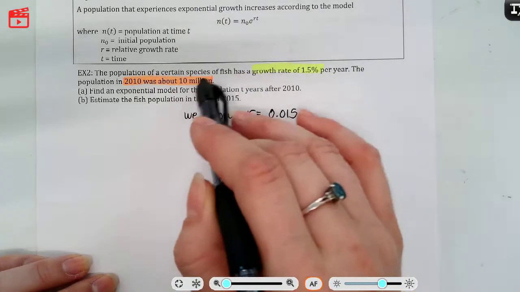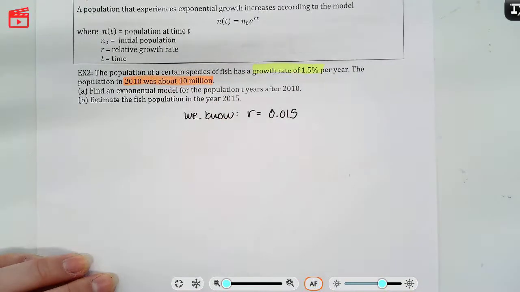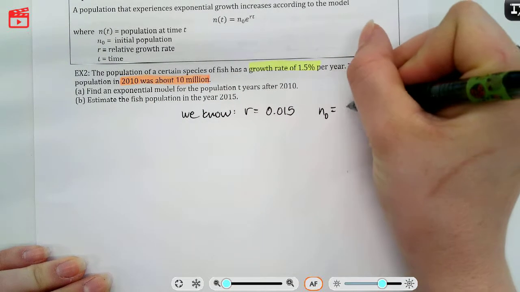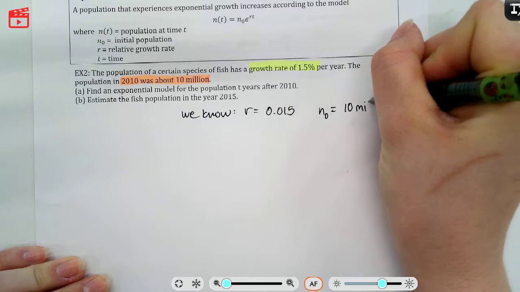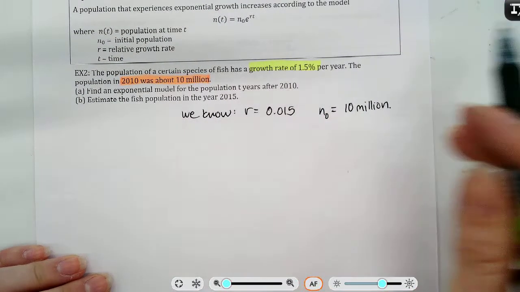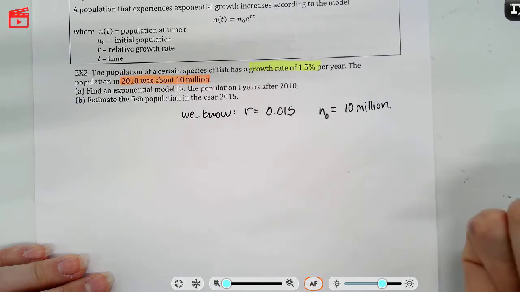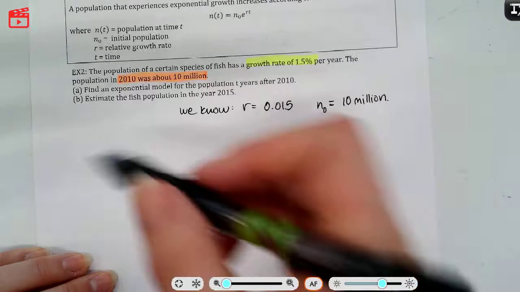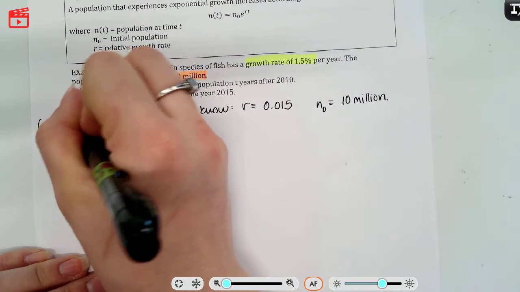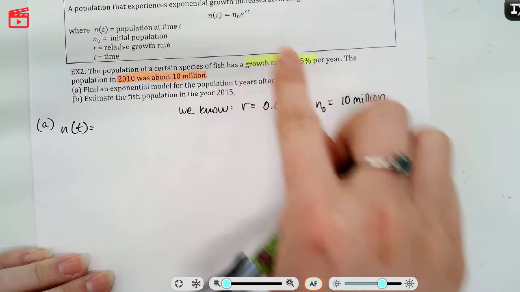So this means 10 million is my initial population, because that's when we start this function. So n sub 0, my initial population is 10 million. Because that is when we decide to start this function, T years after 2010. All right, so our formula, n of t is going to equal, well, we need n sub 0, which I said was 10.